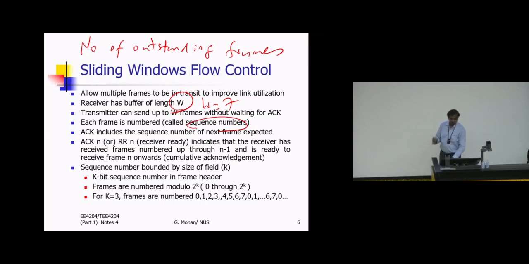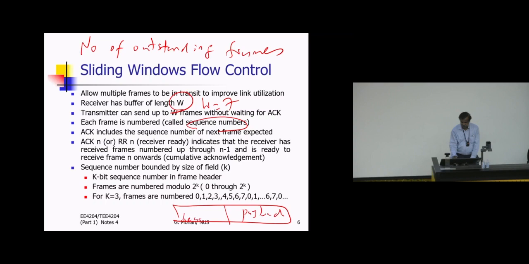So for that, we need to attach a number called the sequence number in the header of the frame. Let's say this is the frame, this is the payload, and this is the header.